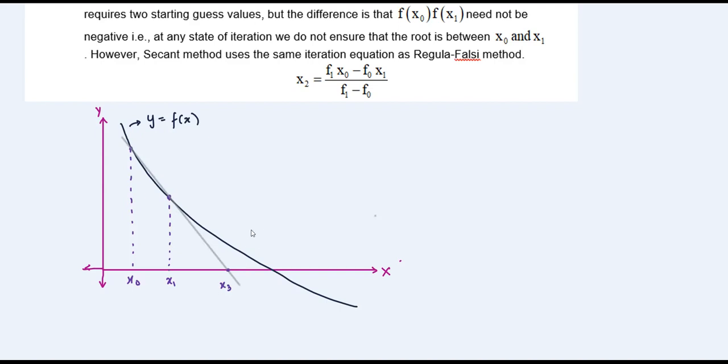So again, we do a straight line approximation only. However, now we don't have to worry where this point lies. As long as we keep doing this, we converge to the solution. X1, this is X2.